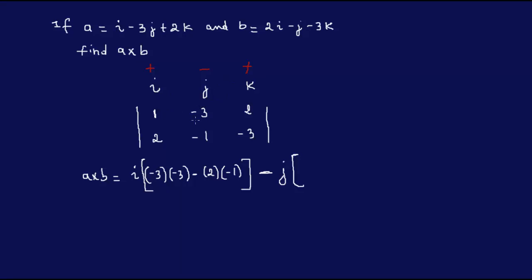So I have 1, minus 3, minus 2 and 2. Now the determinant signs are different from this one right here, so this is plus i, minus j, and my k is going to be a plus.